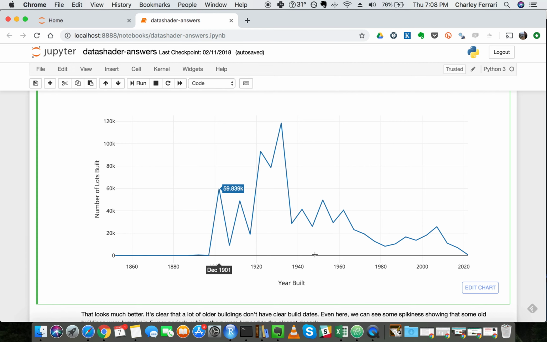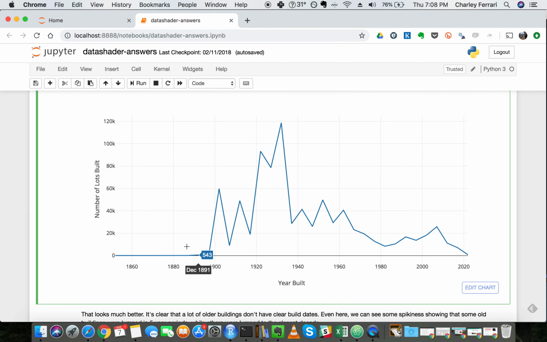But you can at least get a better idea of the general trend, where there's an uptick of building, specifically from the Roaring '20s to the Great Depression. After the Great Depression, during the wartime years, things taper off a bit, and then taper off even further as we get to more modern times, with a slight uptick with current buildings being built.